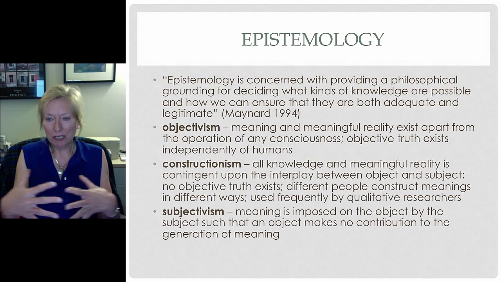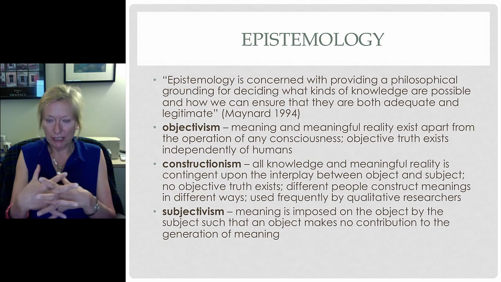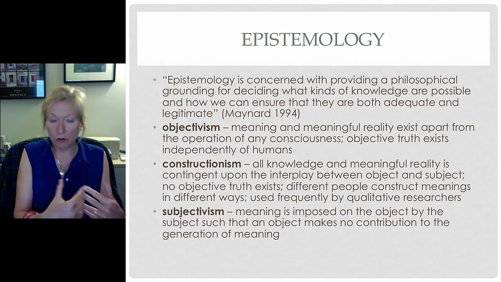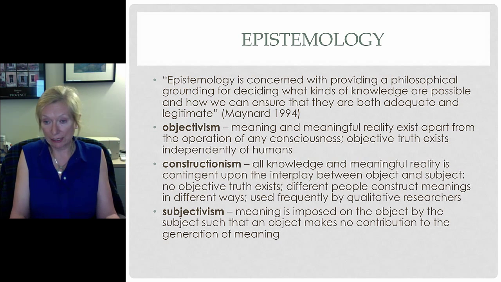is that all knowledge and meaning is really contingent upon the interplay between the object and the subject, so that no objective truth actually exists, that people construct meanings in different ways. And this is frequently used by qualitative researchers when they're looking at the interactions between human beings and the way that meaning and knowledge is generated.